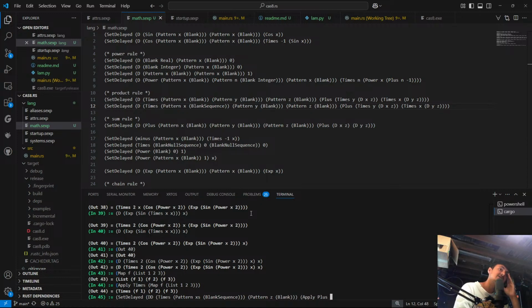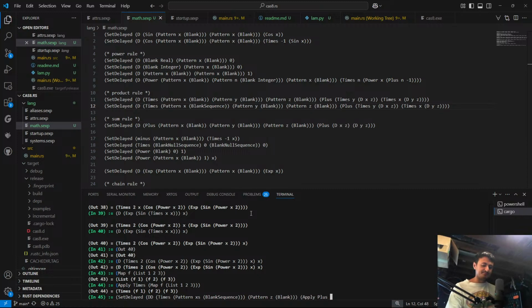Oh wait, actually this one's hella hard. If you have f of x, g of x, h of x, if you have three things, the product rule becomes way harder. That's actually interesting. What's the product rule for more than two? It should be some weird thing where you have to juxtapose them.